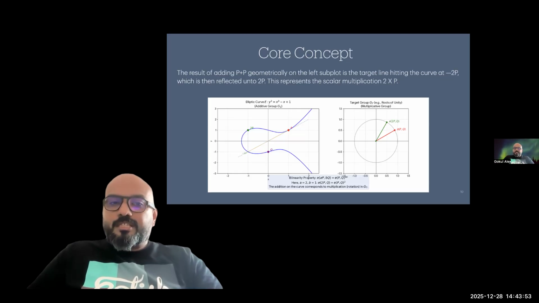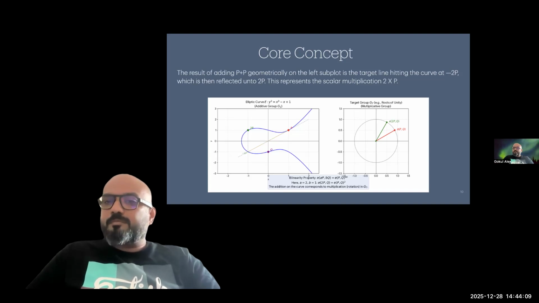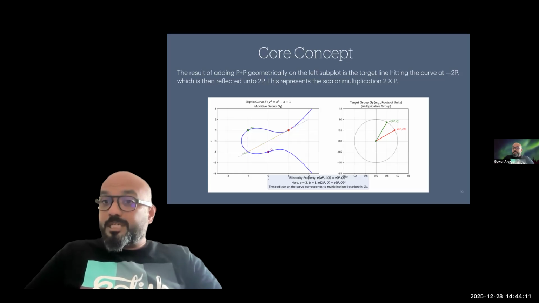And when you're adding it, it is equivalent to hitting the curve at minus 2P, that is reflected into the point 2P on the other side. This represents the scalar multiplication by a factor of 2 for the point P.